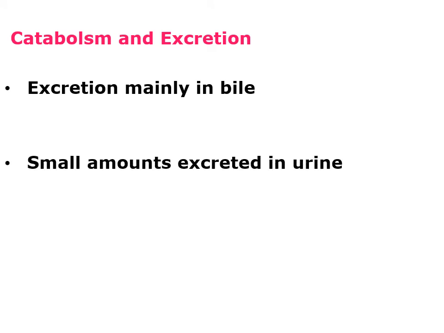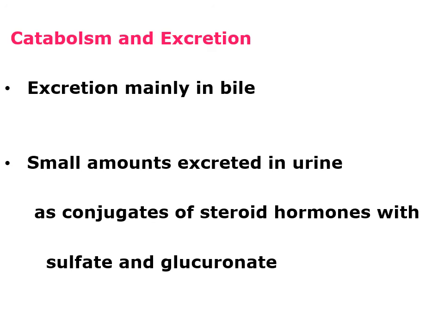Now coming to the breakdown of cholesterol, how is cholesterol broken down and excreted? Excretion is mainly in the bile. A small amount can be excreted in the urine as conjugates of steroid hormones with sulfate or glucuronate.